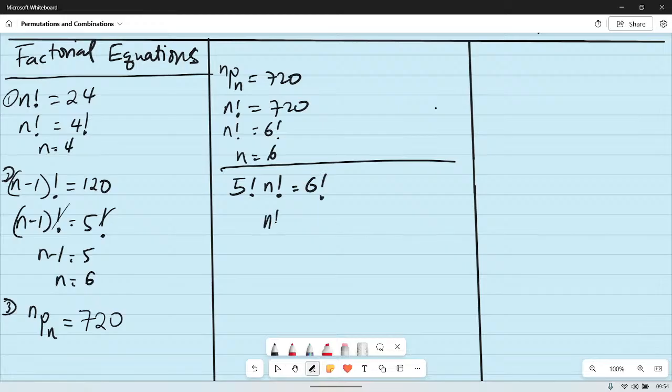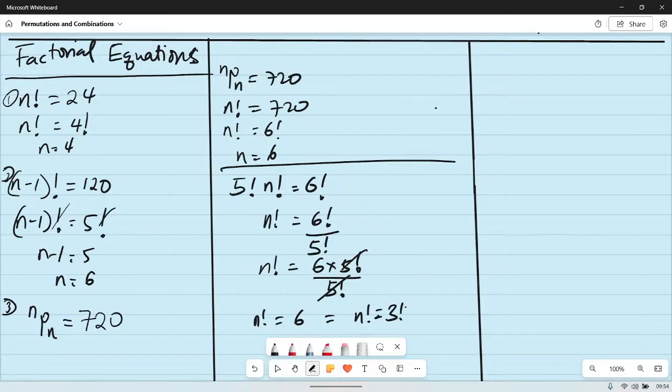So n factorial becomes 6 factorial over 5 factorial. Are we okay? Then n factorial will be 6 times 5 factorial over 5 factorial. This cancels this. N factorial equals 6. We know that it's the same as n factorial equals 3 factorial. Then n becomes 3. Are we okay?